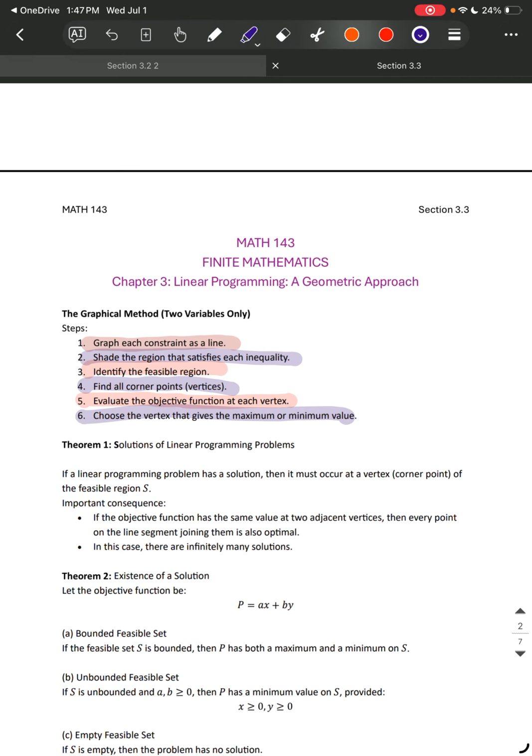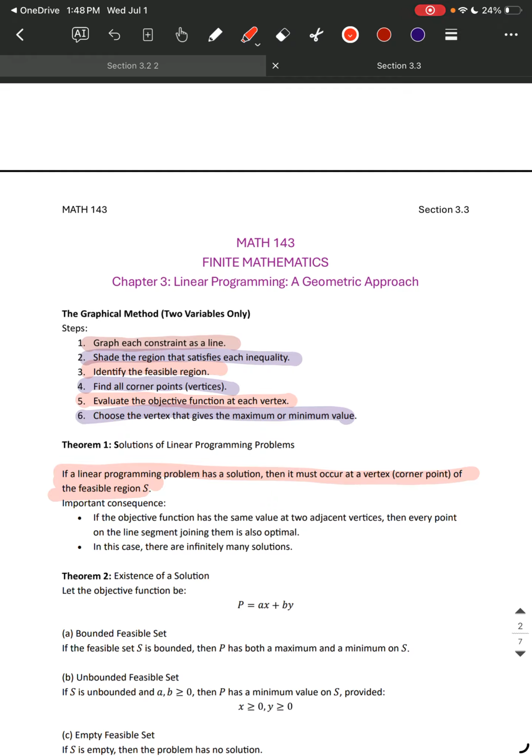Theorem number 1, the solution of linear programming problems: if a linear programming problem has a solution, then it must occur at a vertex, a corner point, of the feasible region. Therefore, we don't need to check the infinitely many points.